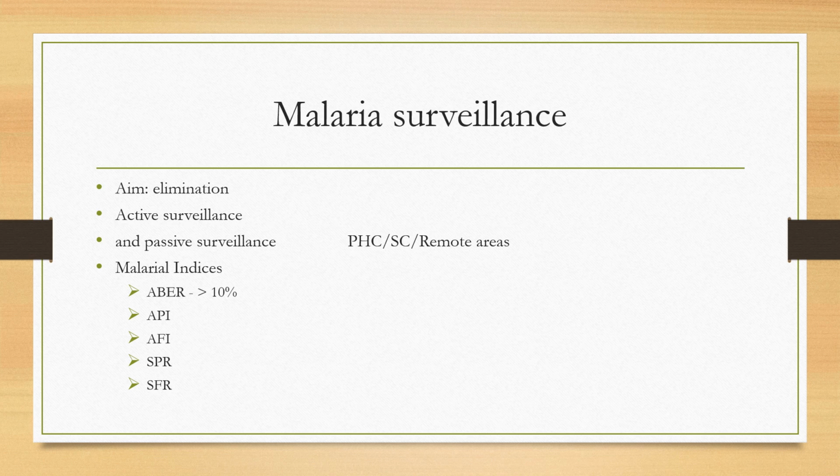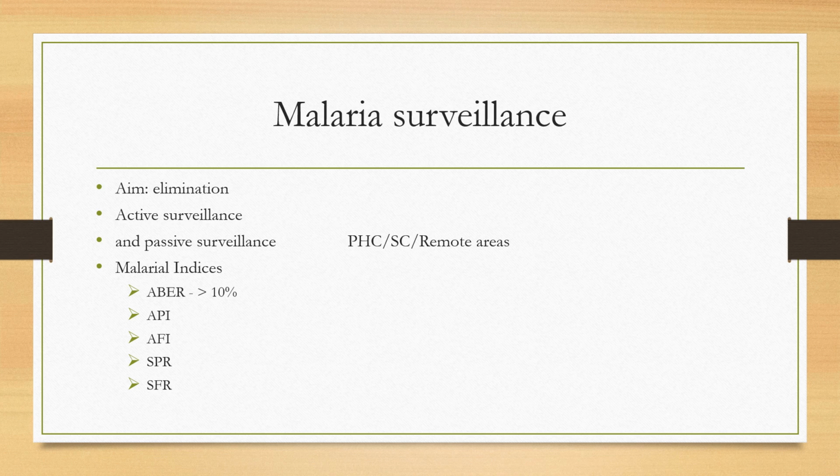Now we have various malarial indices based on this surveillance. The first is the annual blood examination rate. How do we know whether our malaria surveillance is actually occurring in the field or not? This can be easily known by the number of slides collected in the year, and this is what is the annual blood examination rate.